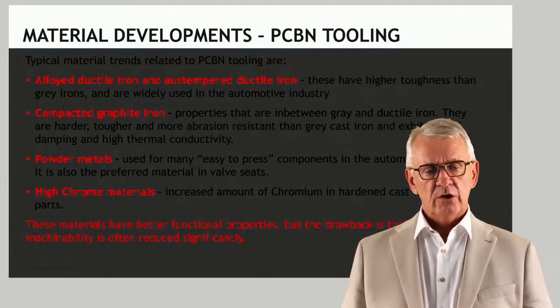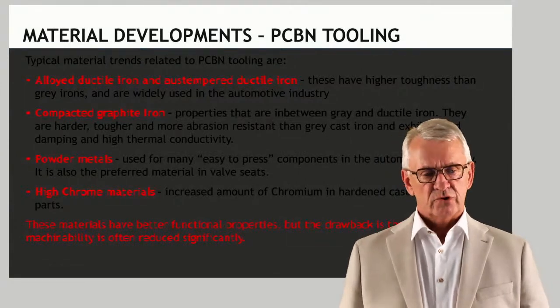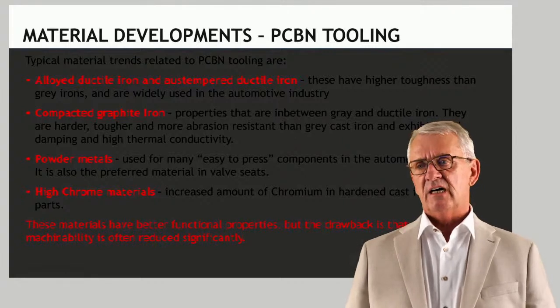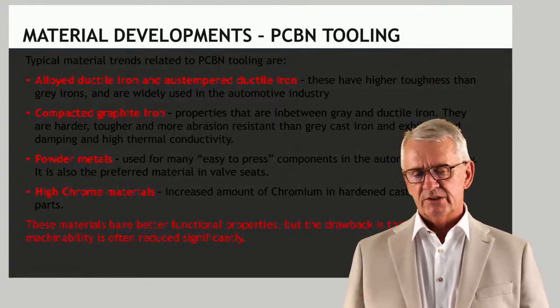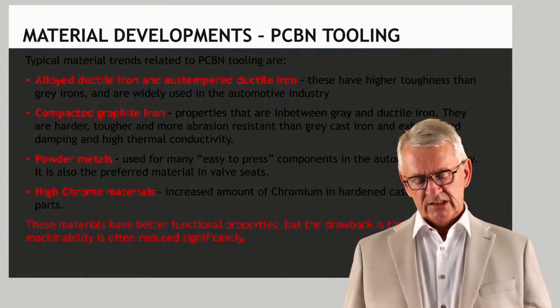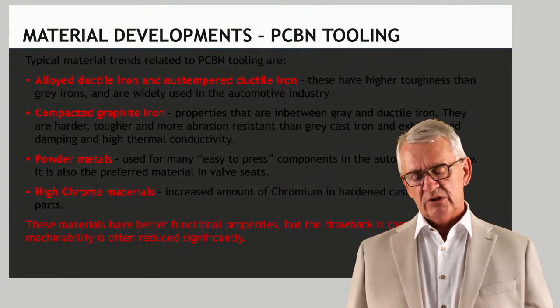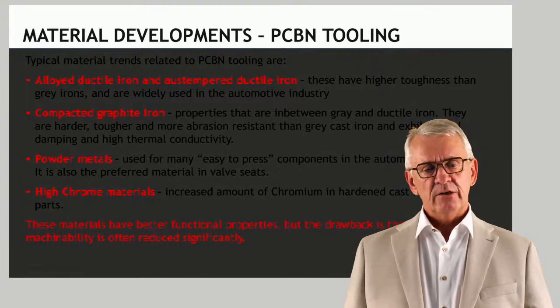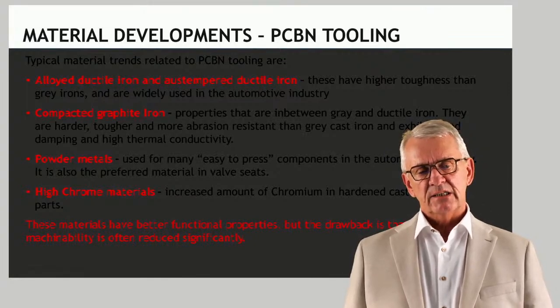We see more and more alloyed ductile irons being used. We see compacted graphite iron. We see powder materials. We see high chromium content materials. And those things, machining with the traditional tooling is problematic. With PCBN, on the other hand, it's easier.